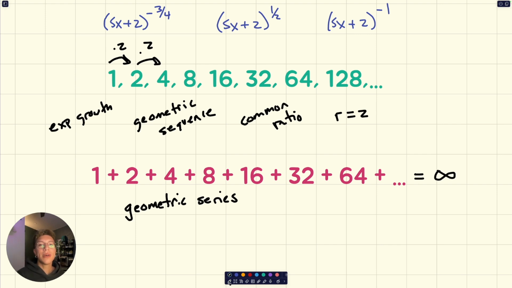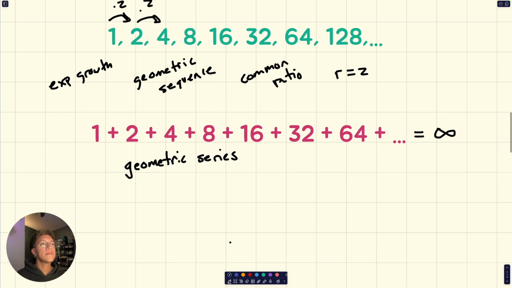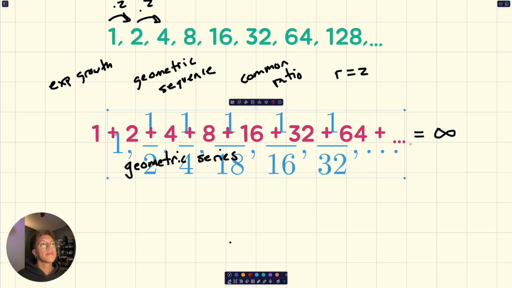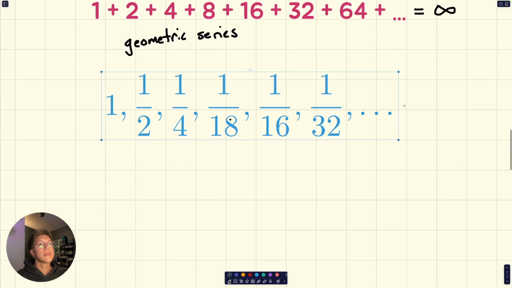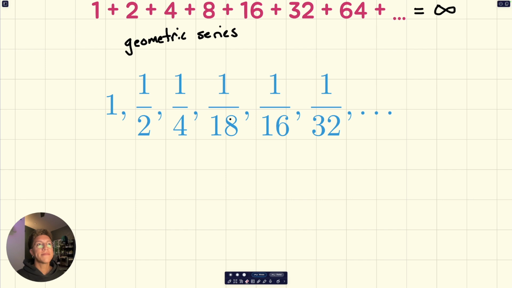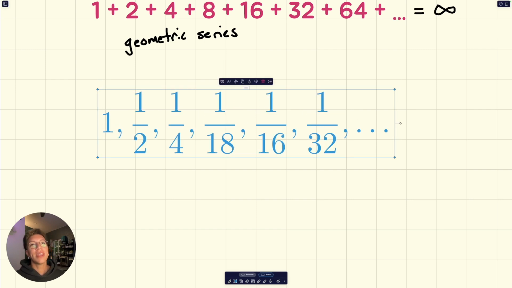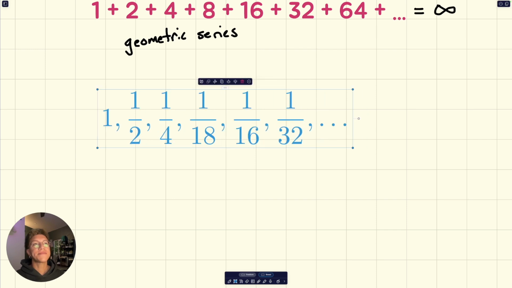All right, let's try one more. What if we had a sequence of numbers that looked like this? Can you spot the pattern for this sequence of numbers? If you said that this sequence has a common ratio of 1/2, you would be correct.